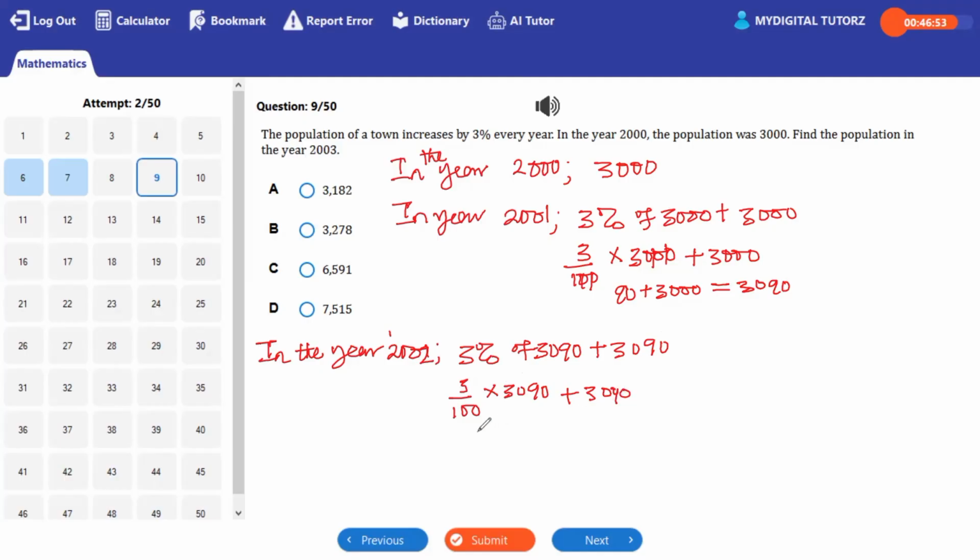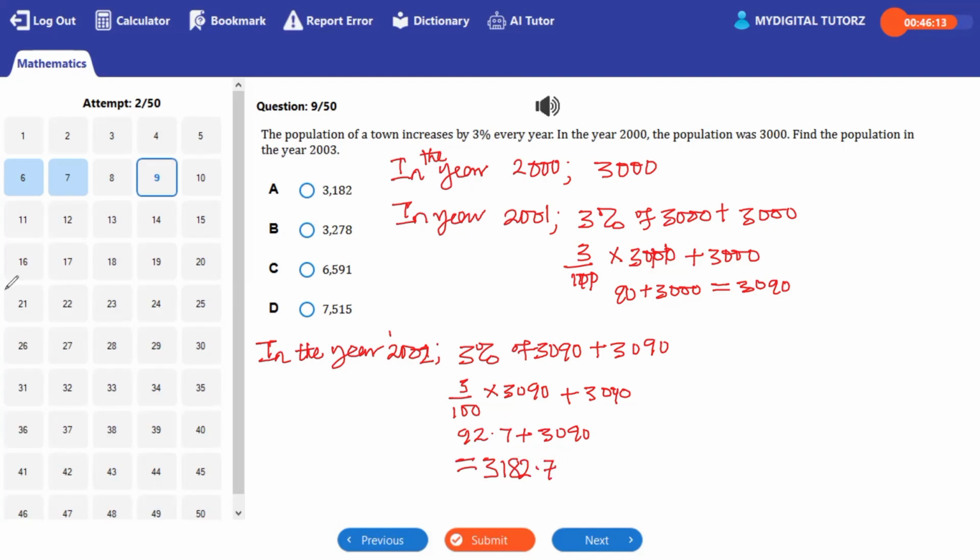Is that correct? If you do 3 multiplied by this and divided by 100, it will give us 92.7 plus 3,090. If you add them together, that should give us approximately 3182.7.